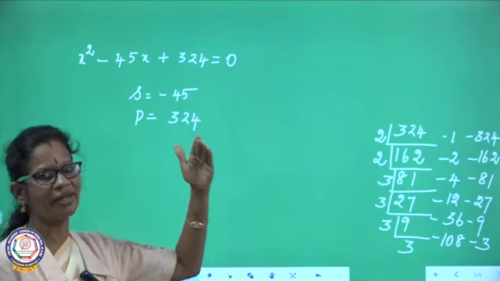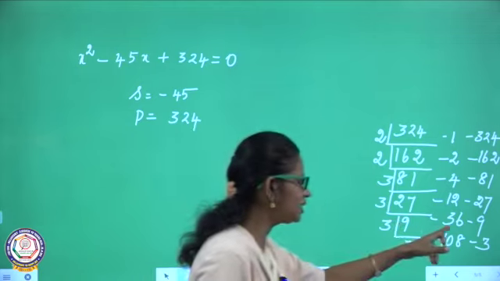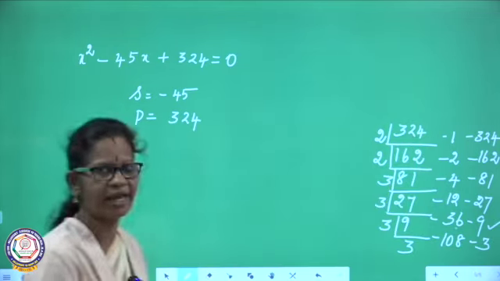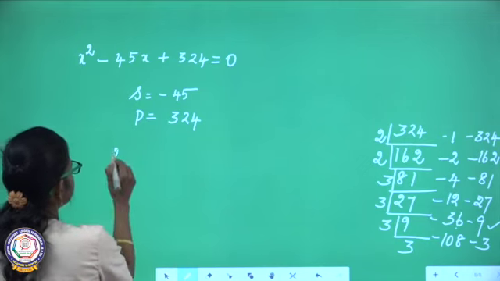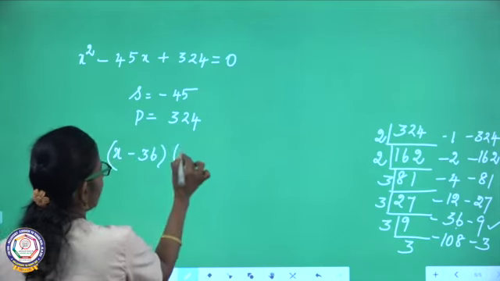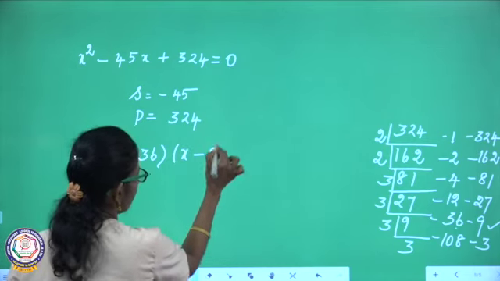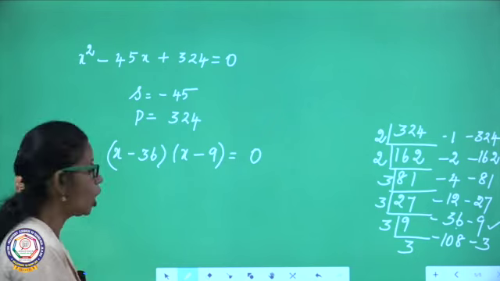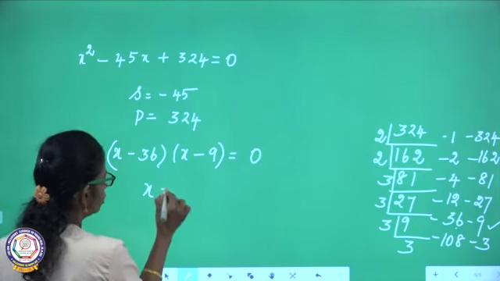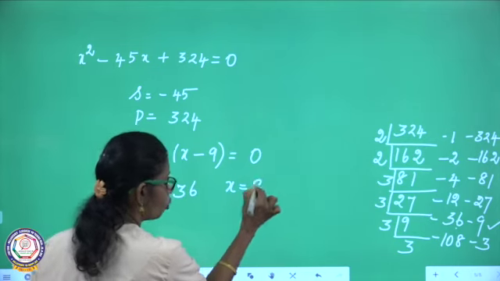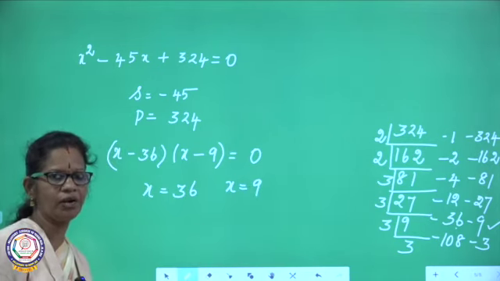You have to do the mind calculation. Minus 36 and minus 9 is apt, that you should select. Now, x minus 36, x minus 9 equal to 0. Now x is equal to 36, x is equal to 9. Both the possibilities are accepted.